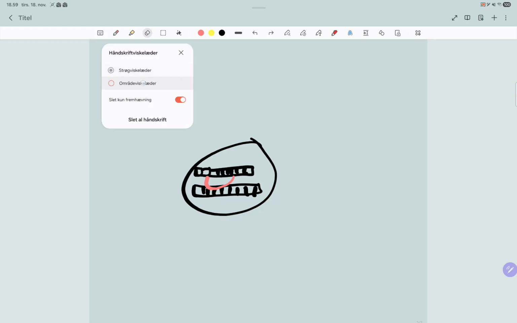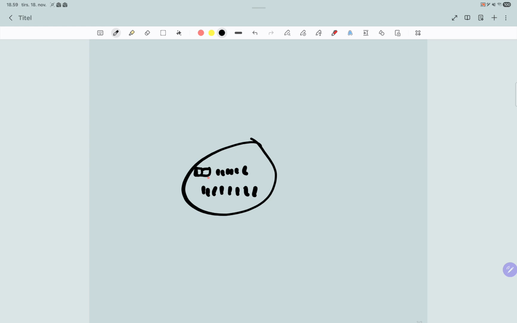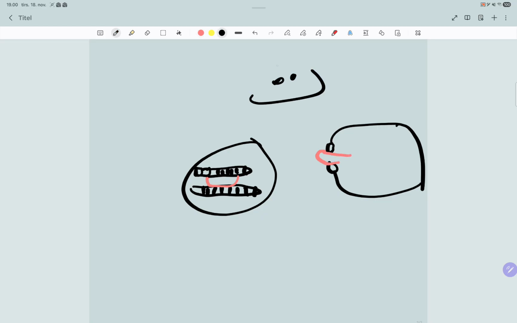So if this is the mouth, the tip of your tongue has to be a bit in front of your teeth. So if you look at it from the side, if you can imagine it, your tongue must be a little bit in front, just like the tha. You remember the tha? You put the tip of your tongue in between.